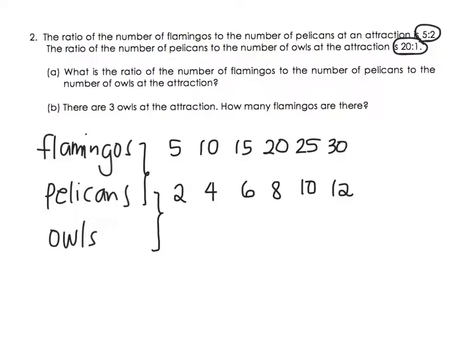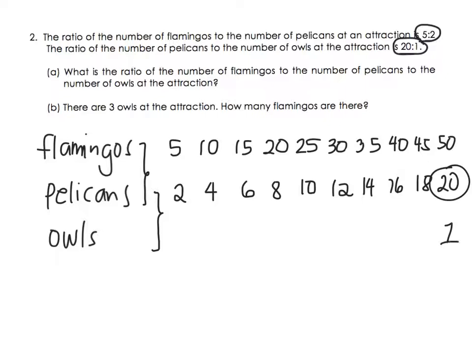So let's erase that so we can continue our list. 35:14. 40:16. 45:18. And 50:20. And we know that the ratio of pelicans to owls is 20:1.